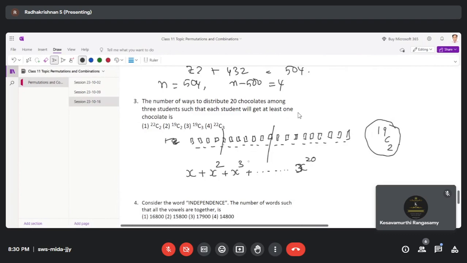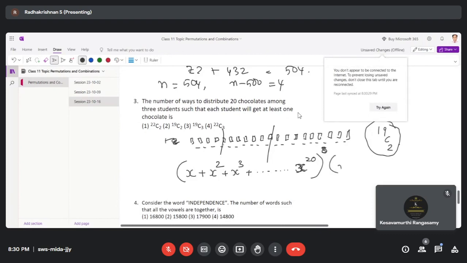You write it like this: (x plus x squared plus x cubed and so on) whole to the power of 3. There are 3 students. So you pick up one term from here, and that means it is going to appear 3 times, right?